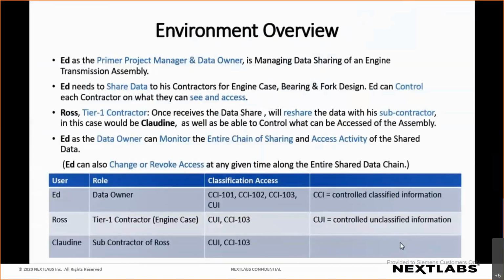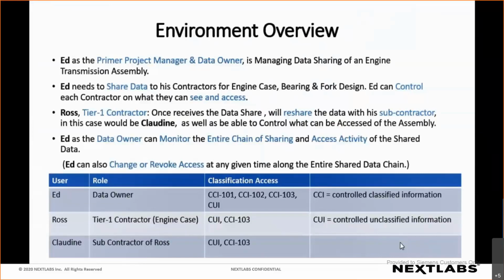So in this case, again, Ed has full control of the data and the data chain itself, and then the other two will be able to access the information. So back to classification, access is the same as we saw before. The roles are a little different for these users because we have Ed, Ross, and Claudine, and each one has a specific project area that they're working on. So a lot of times within the supply chain space, this is broken down into more of a project level scenario.